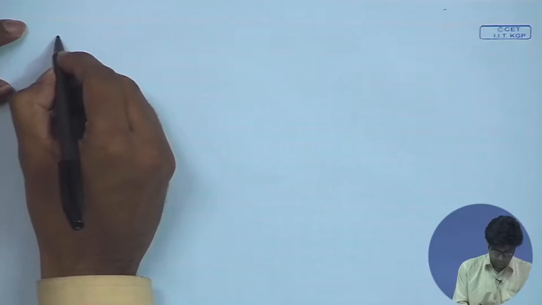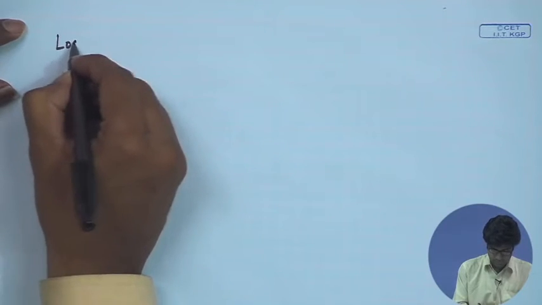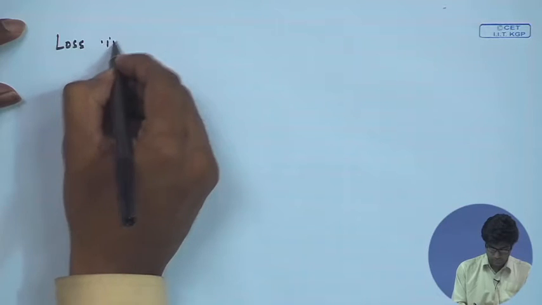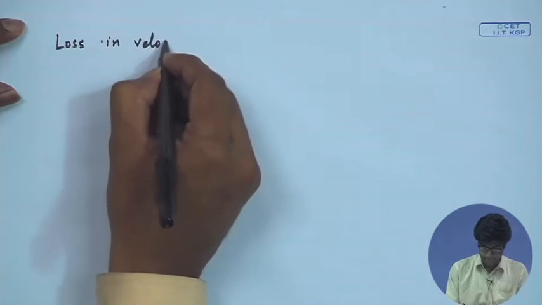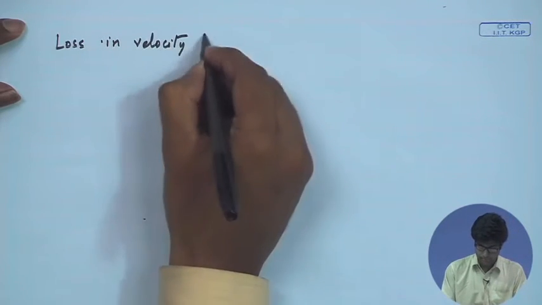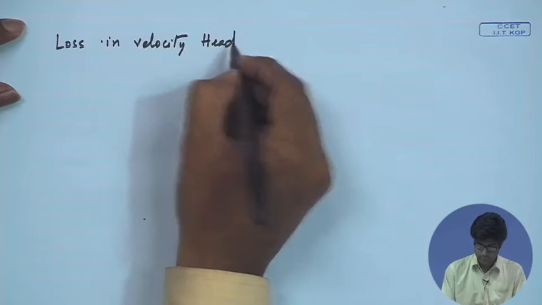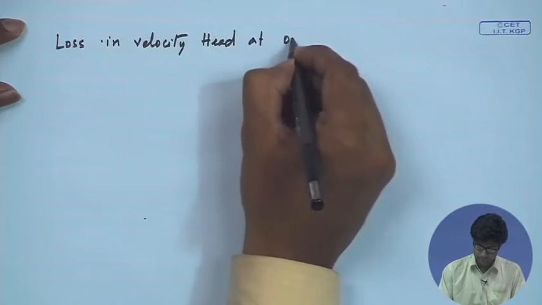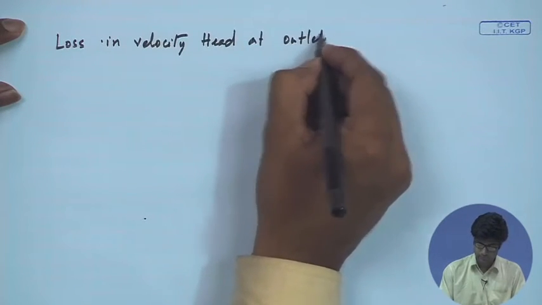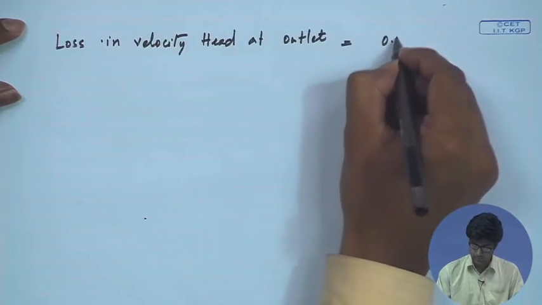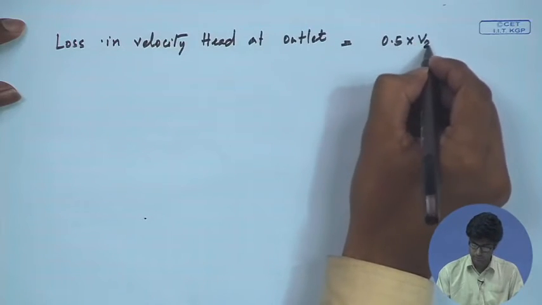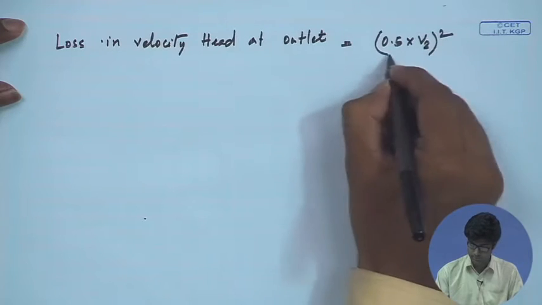So, the corresponding loss in velocity head at outlet is 0.5 into V2 whole square by 2g.